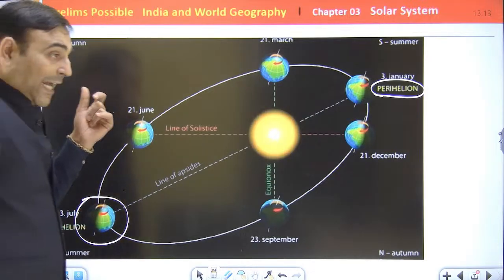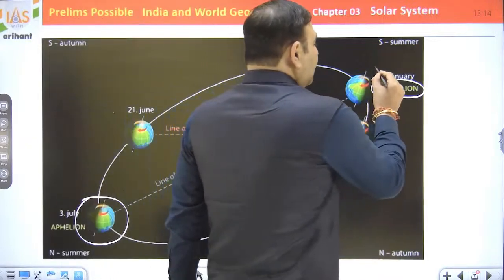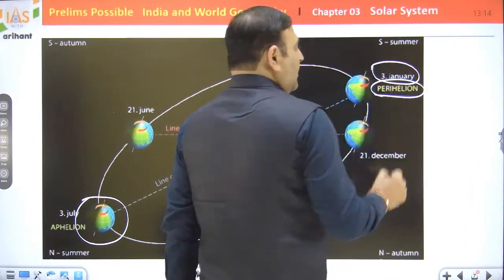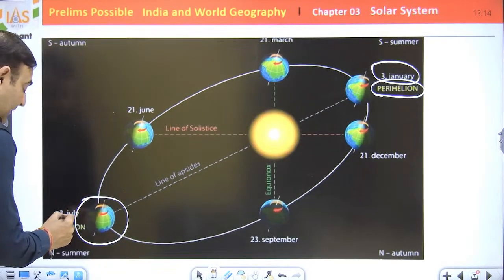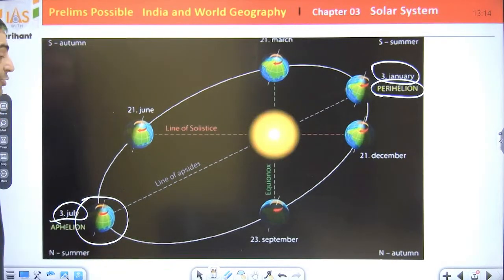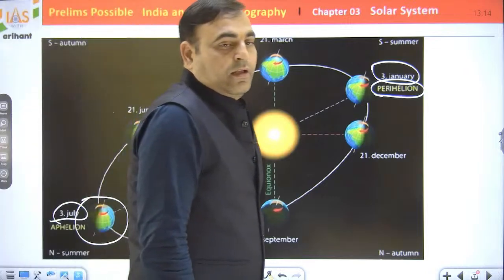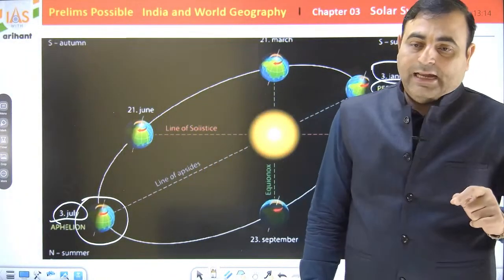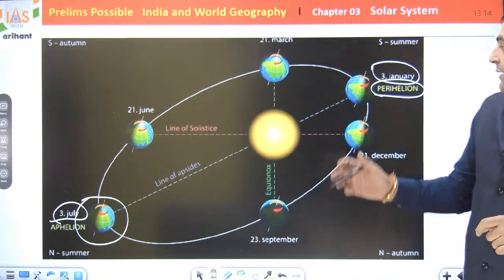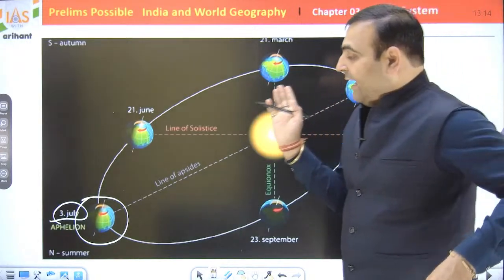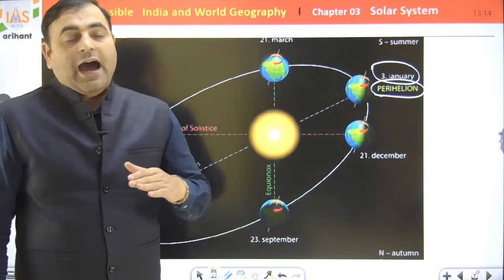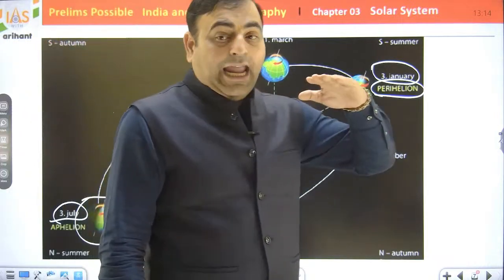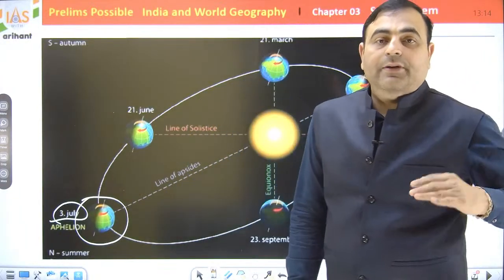The date is 3rd of Jan, and the other date is 3rd of July. At this point, on 3rd of Jan and 3rd of July, the sun rays are actually on any of its tropics.